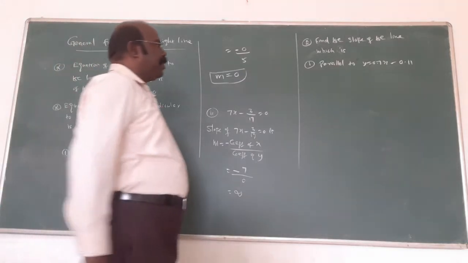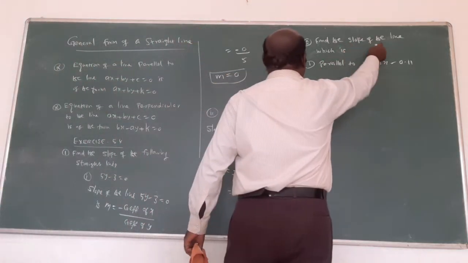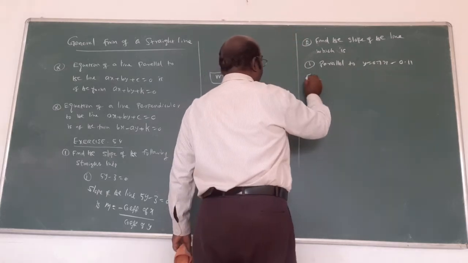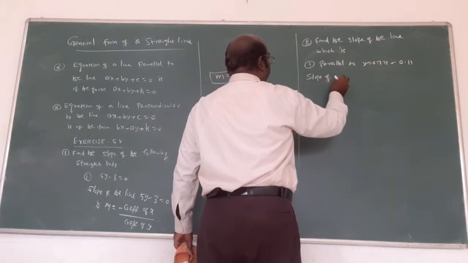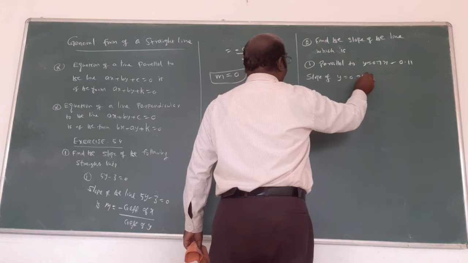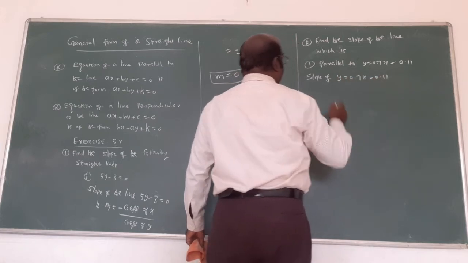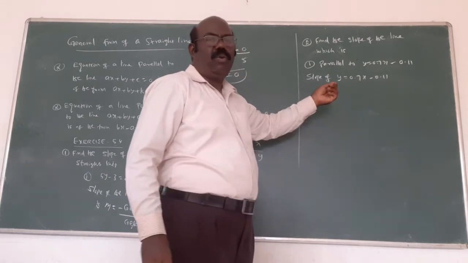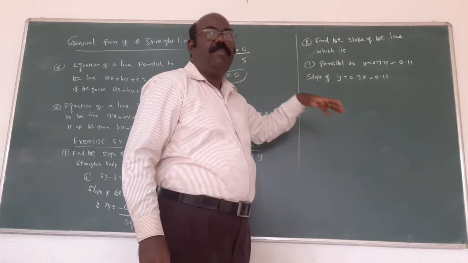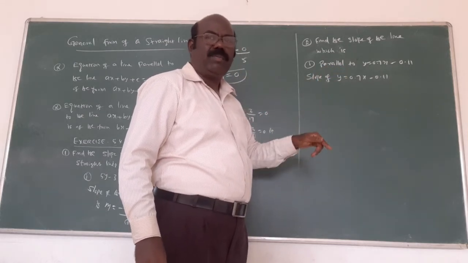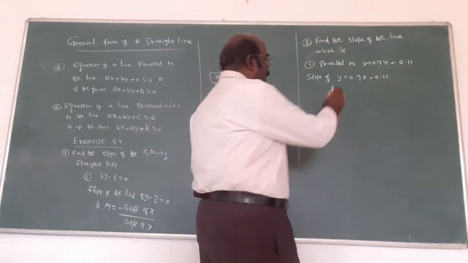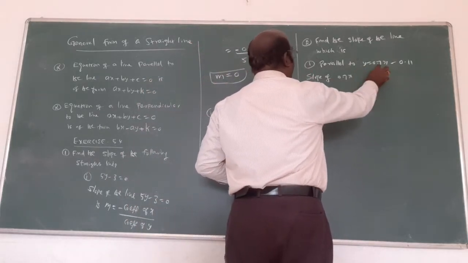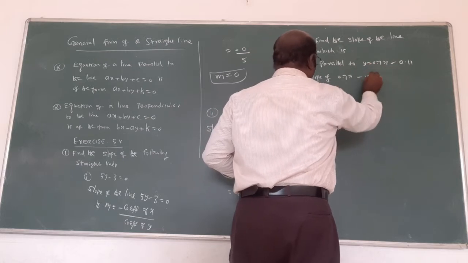The same thing again. Find the slope of the line which is parallel to something. That is the same thing only. Slope of y equal to 0.7x minus 0. This can be done. Already you know the slope formula: minus coefficient of x by coefficient of y. But the question is not of the form ax plus by plus c equal to 0, so rewrite it. 0.7x minus y equal to 0.